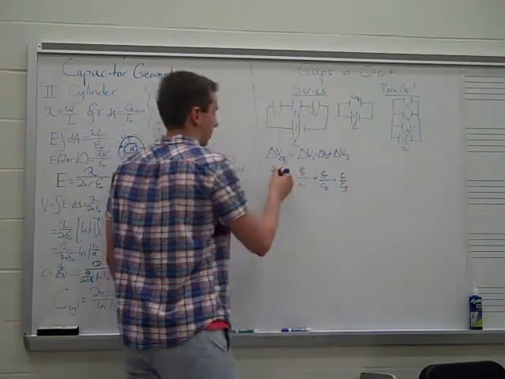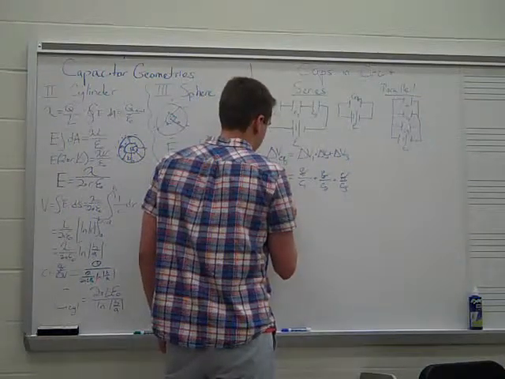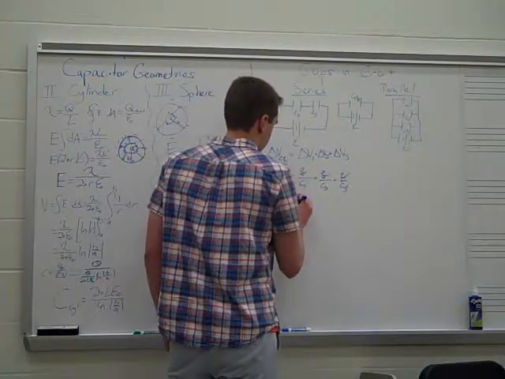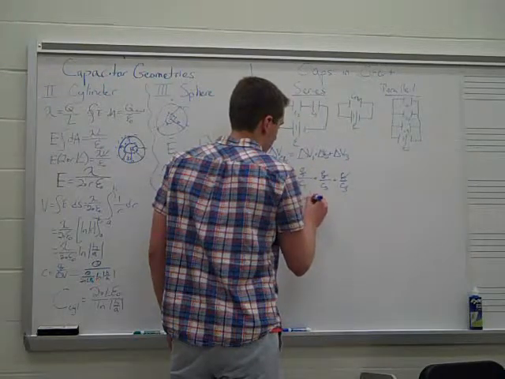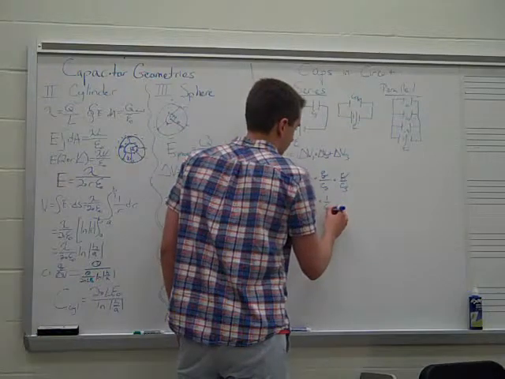So we're just going to put in Q for all of them, and then we can cross out the Q's because they equal each other, divide by Q. And then we get 1 over C equivalent equals 1 over C sub 1 plus 1 over C sub 2 plus 1 over C sub 3, and so on.